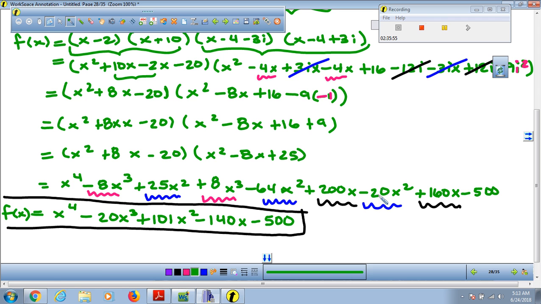Okay, 20x squared. The rest are correct. Okay, so in the combining, this one with this one, they were going to cancel. These two were going to cancel out each other. So there was no term that was going to be raised to the third power.